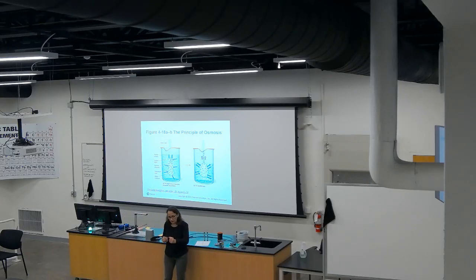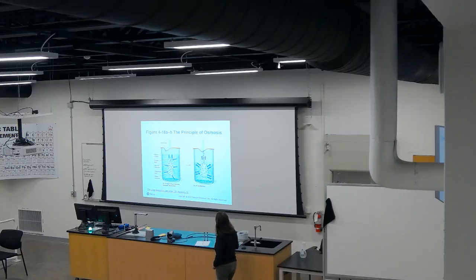So you introduce your bag with 5% glucose solution, and then you let it stand with time. With time, water from the beaker will go into this cellophane bag, it will expand, and then your water column will rise up to this level.